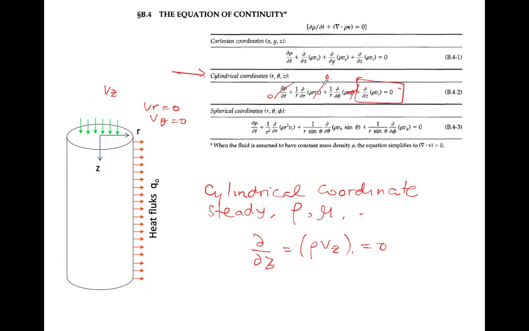We don't have v_r, we don't have v_theta, and this tells you dou over dou z of rho v_z is equal to 0. That's why the equation of continuity satisfies the equation.